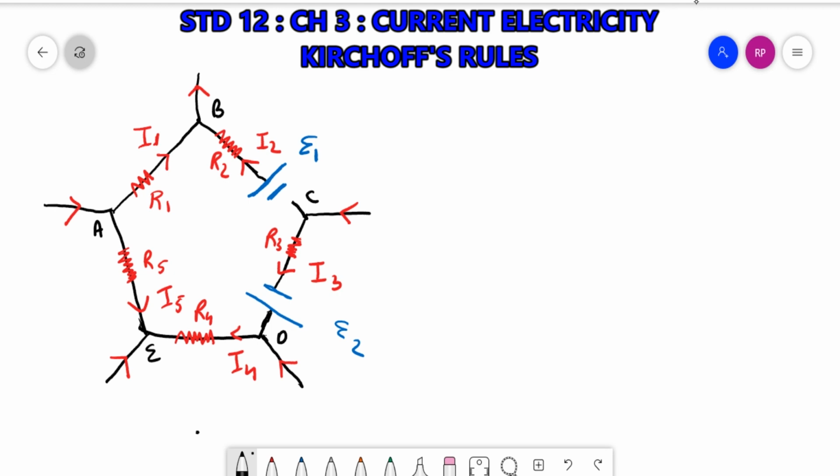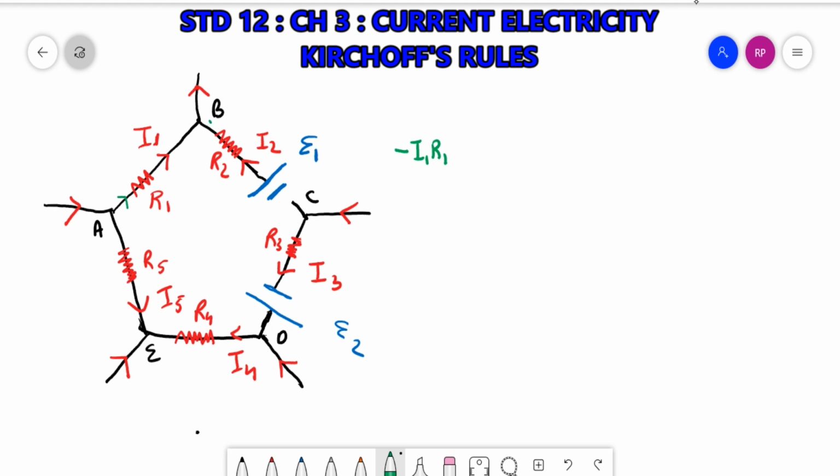So now let's move from A to B. Green means our journey, red means the direction of current. Our journey and direction of current are the same. When it is the same, I should use minus IR. So minus I1 R1.